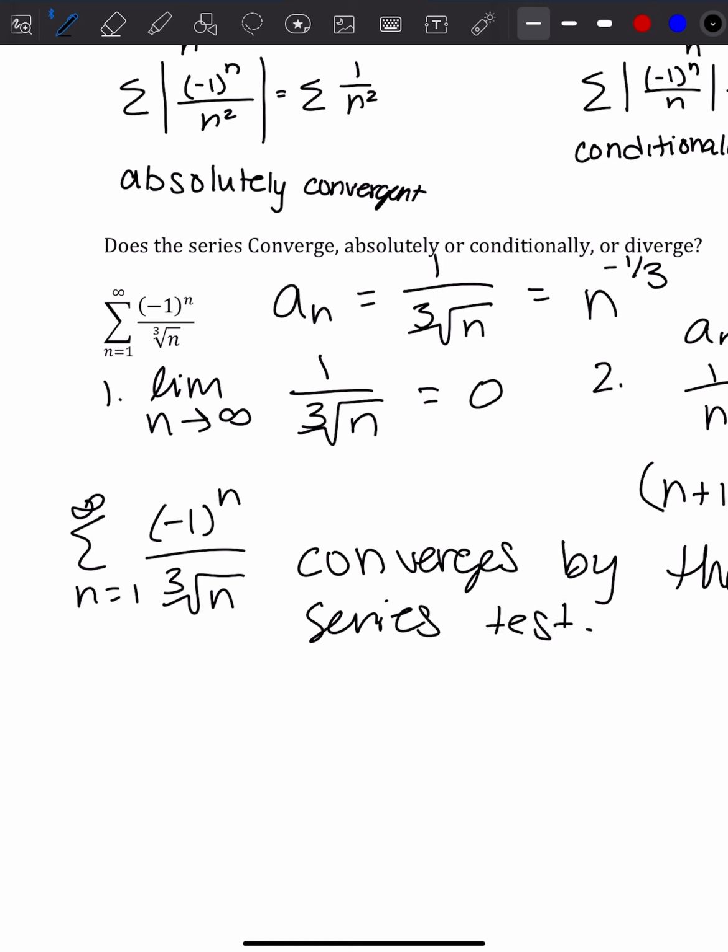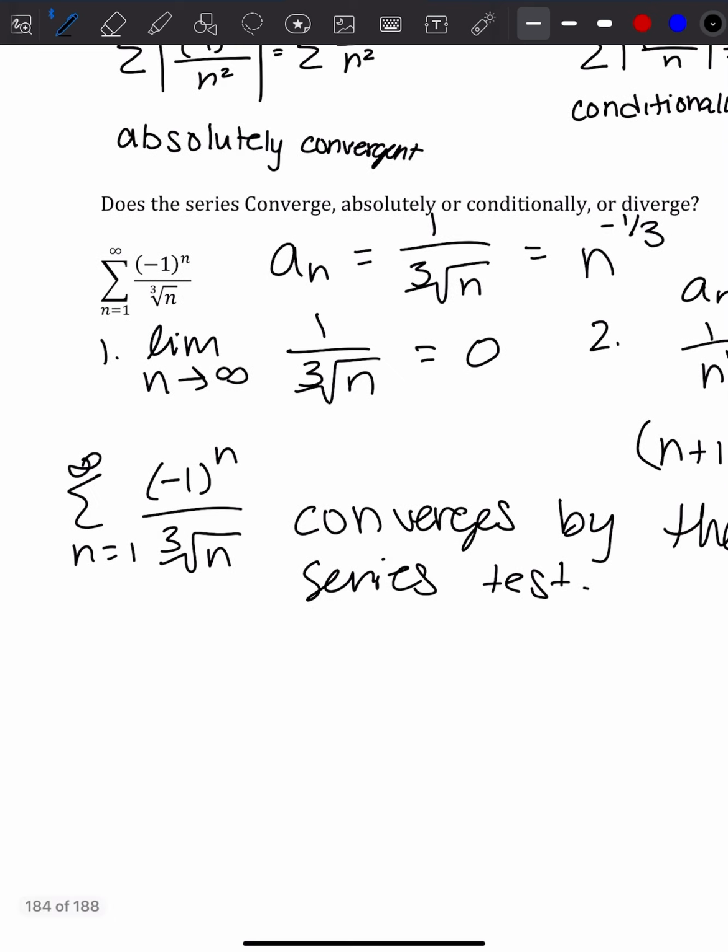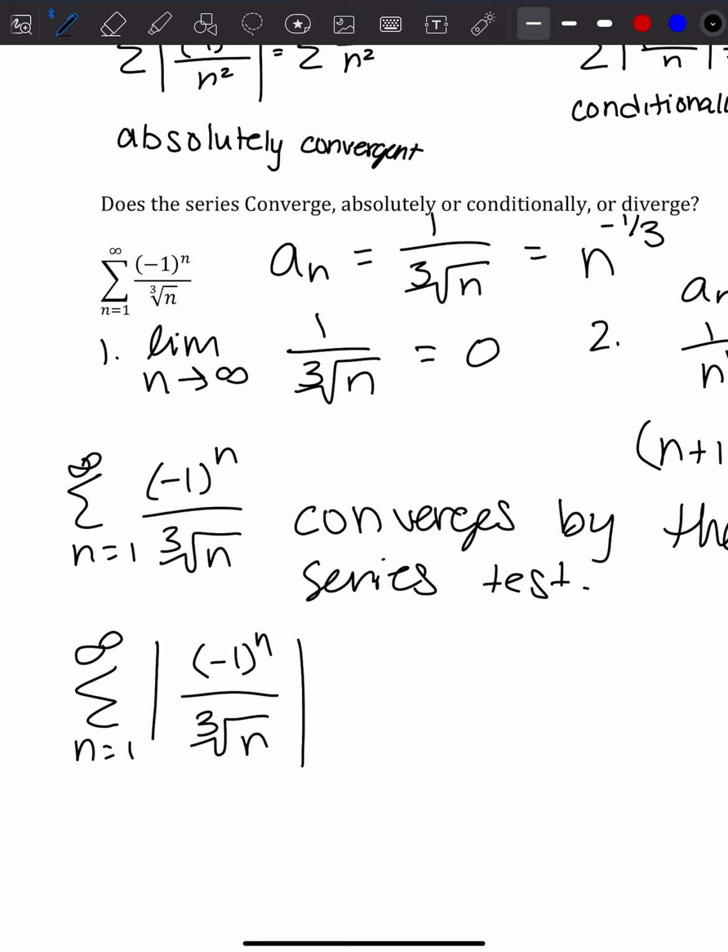So now what we need to do is look at the absolute value of this. So we're going to look at the summation from n equals 1 to infinity of the absolute value of negative 1 to the n divided by the cubed root of n. This is going to give us the summation from n equals 1 to infinity of 1 over the cubed root of n, or 1 over n to the 1/3 power.